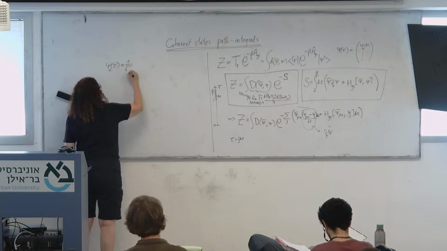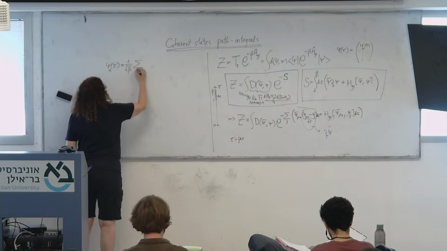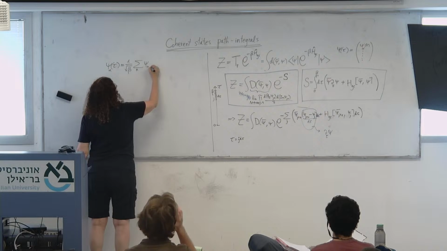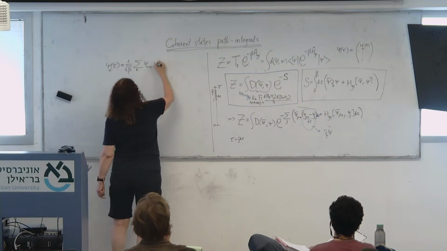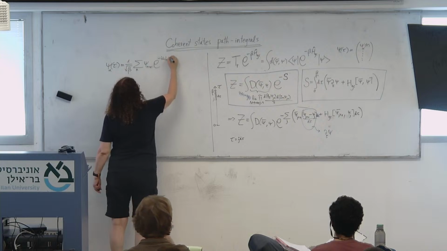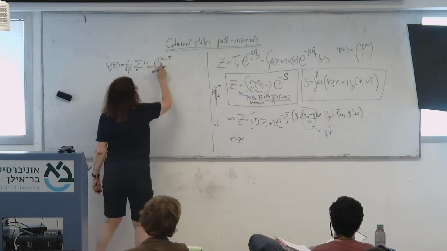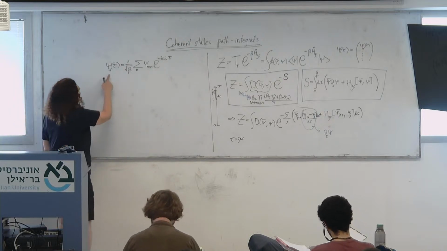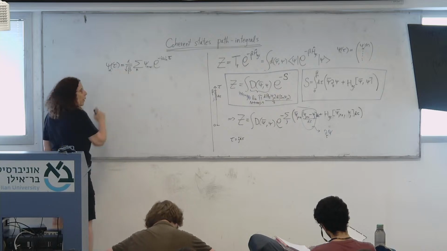We can define a Fourier series. It's a Fourier series, not a Fourier transform, because it's a periodic function with a period beta.